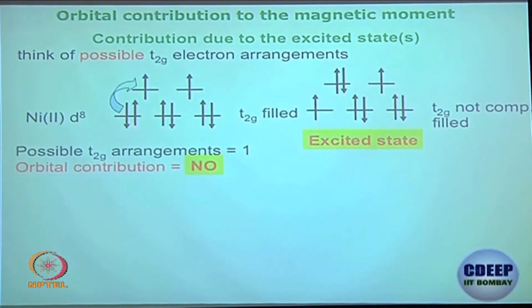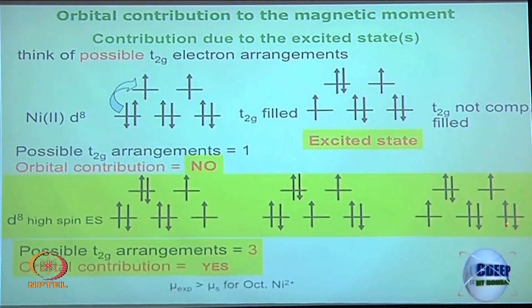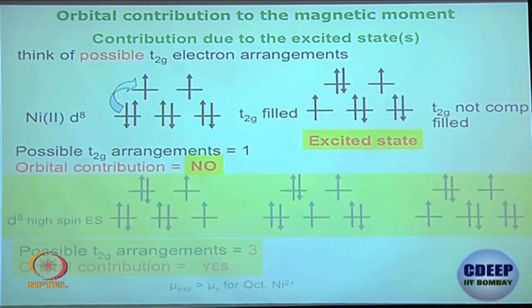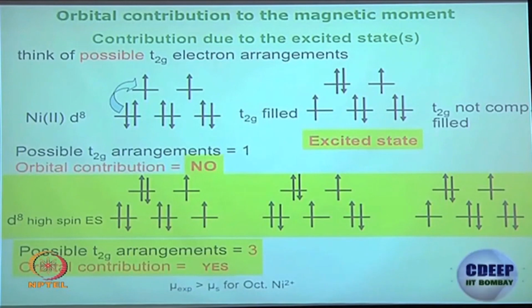So not in the ground state, but if you go to the excited state you can have three different configurations, which is the origin of orbital angular momentum. Okay, no need to have this point, this is good enough. In the ground state there is no orbital angular momentum, in the excited state it should be there. How is it coming? I think you have already learned, because the relative positioning of the electron can vary.